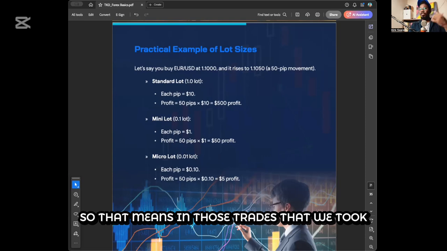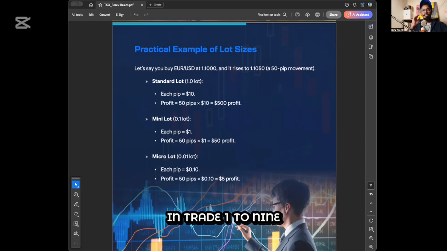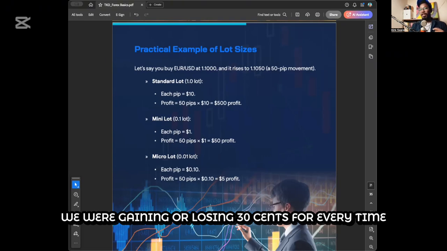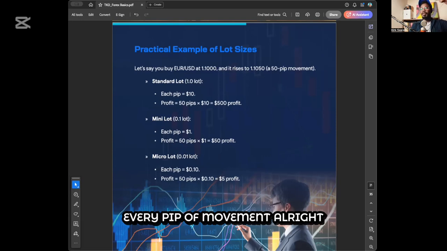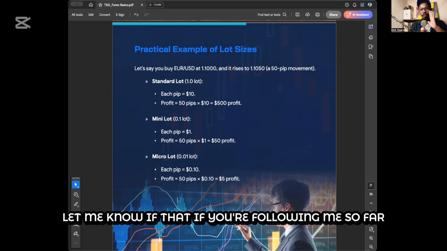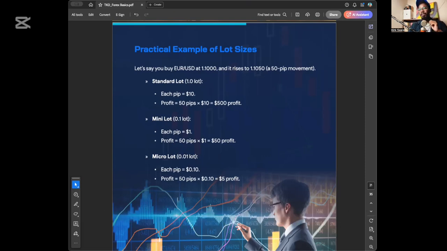That means in trades 1 to 9, we were gaining or losing 30 cents for every pip of movement. Let me know if you're following me so far, drop an AC.